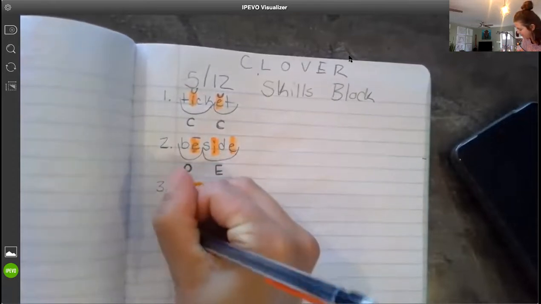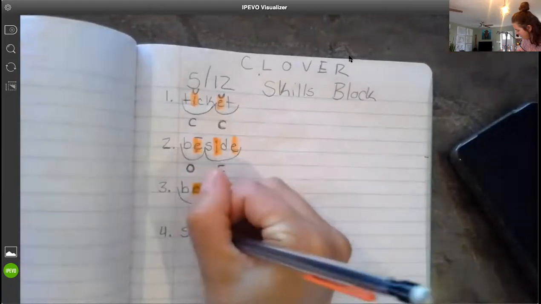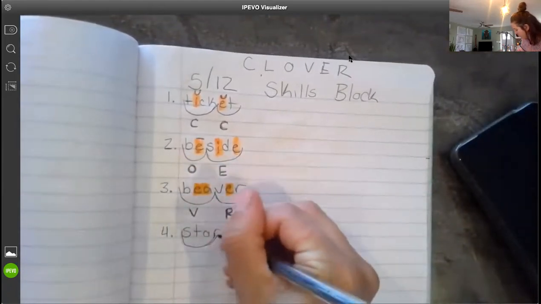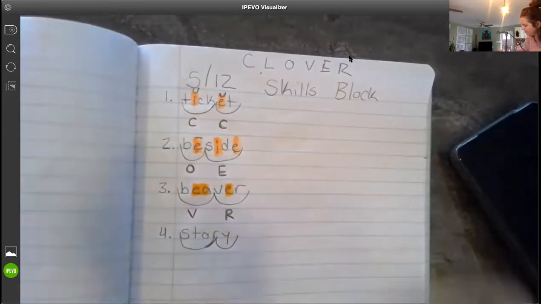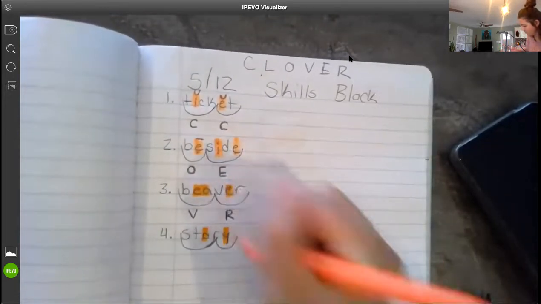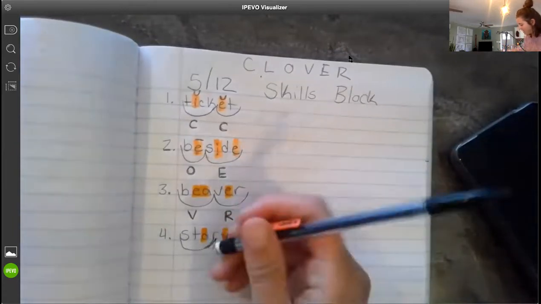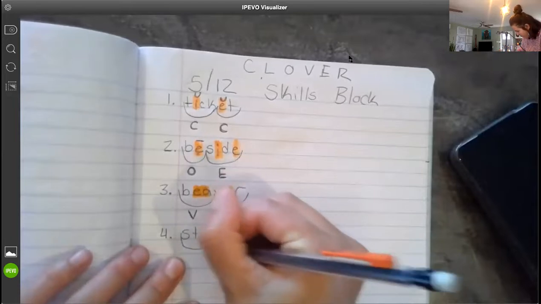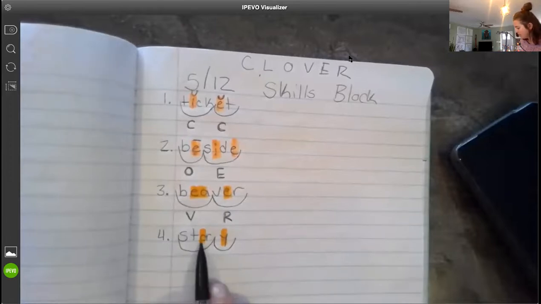Let's take a look at number 4. Story. S-T-O-R-Y. Story. Two syllables. Let's find our vowels. O and a Y. Remember, each syllable has to have a vowel, so that Y is going to act as that vowel. I'm going to fix this so that way you guys can see the R's on the first syllable, and the Y is all by itself. Or, O, take a look at that.